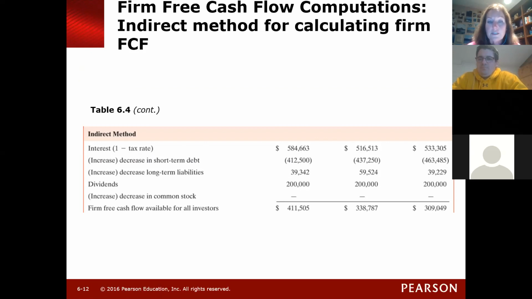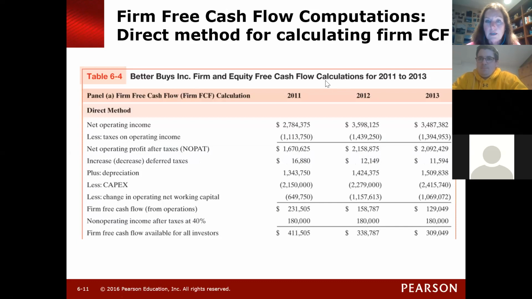This one's decreasing, so that's a use of cash. We paid some dividends. For this company, there was no change in their common stock. They didn't issue shares. They didn't buy back shares. So the free cash flow for investors is 411, which is the same as what you see. Back up one. What you see here. So they do balance out.